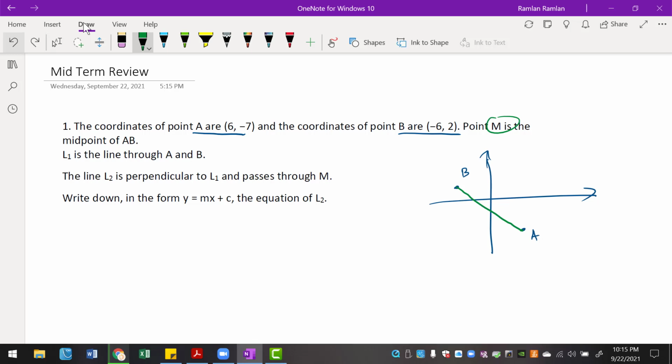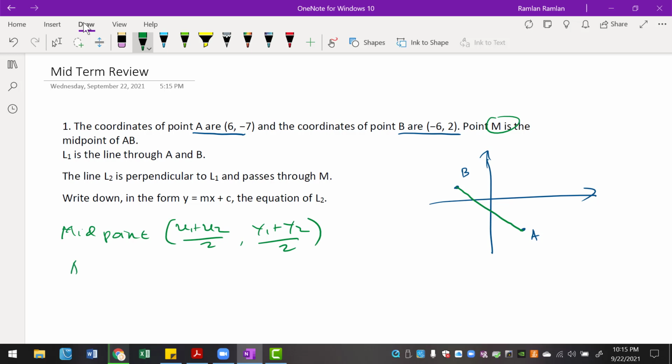But in order to know the coordinates of M, we only need to use the midpoint formula. The midpoint is adding the x values and dividing by 2, and adding the y values and dividing by 2. So it's x1 plus x2 divided by 2, and y1 plus y2 divided by 2.